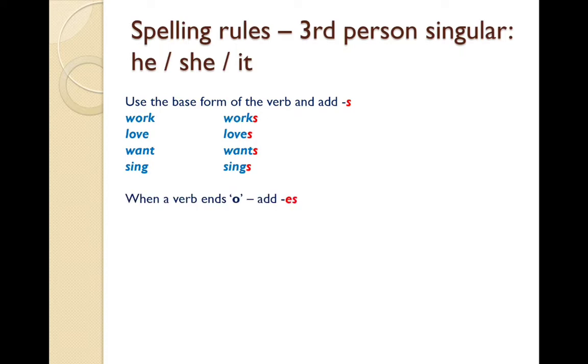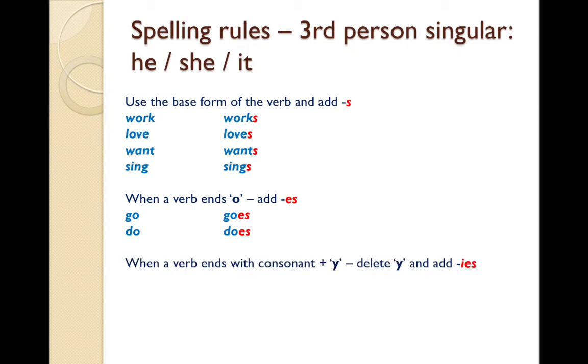When a verb ends with o, we add es. Go, goes. Do, does. When a verb ends with a consonant plus y, we delete the y and add ies. Study, studies. Reply, replies. Tidy, tidies.